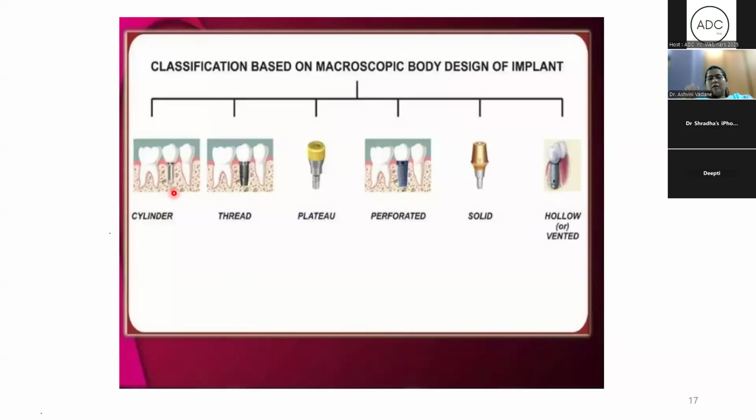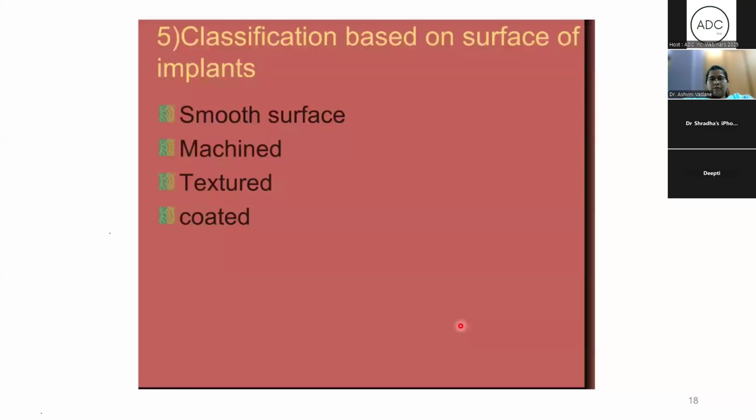This is the classification on the body design of the implant. Second one is the threaded implant, then plateau shaped implant. The fourth one is the perforated implant, then solid implant, and the last one is the hollow or vented implant. So these are the various types.